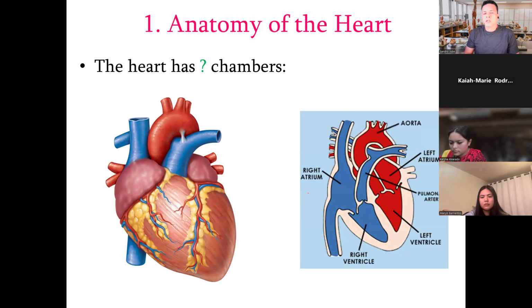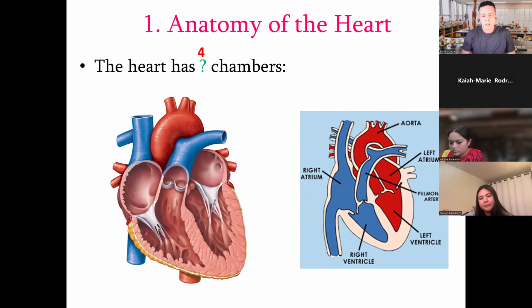So let's take a closer look at the anatomy of the heart. And our heart has 4 different chambers. But before we name them, once again, let's split the heart in half. Let's pass that imaginary line from the base, going through the interventricular wall, exiting through the apex.